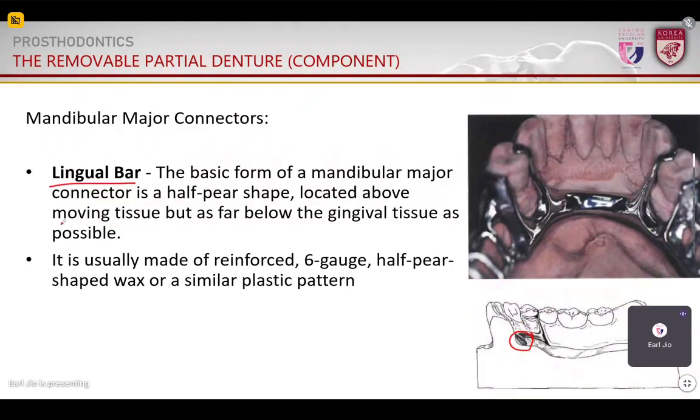Located above the moving tissue but as far below the gingival tissue as possible. Again, relief of at least 4 millimeters. Okay? It is usually made of reinforced 6 gauge, half pear shape, wax, or similar plastic pattern. Okay? So this is how the lingual bar looks like.